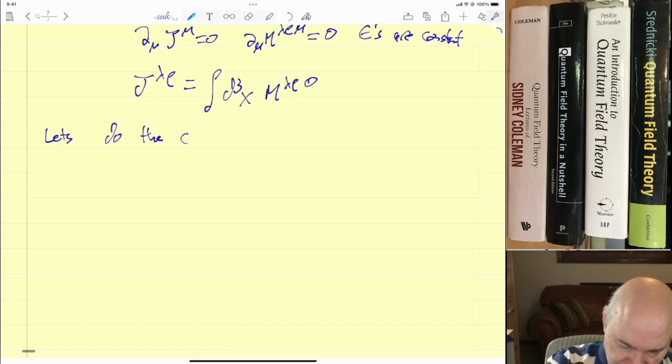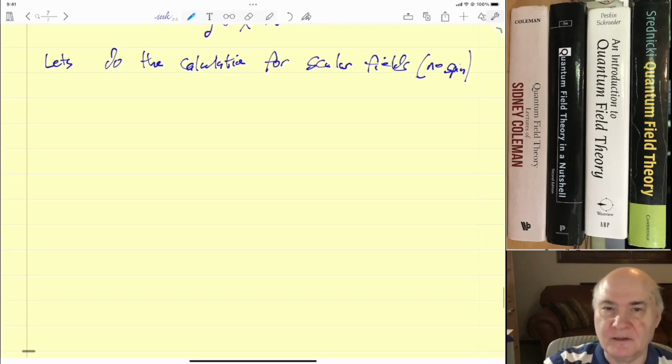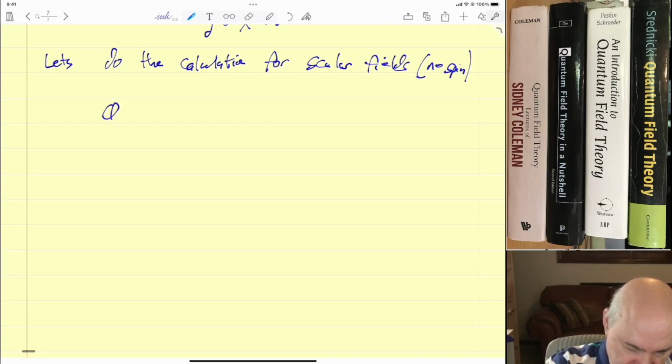So let's do the calculation for scalar fields. So we have no spin. So if we get an angular momentum, we expect it will only be orbital angular momentum because we're not doing spin. So now, if you recall from our lessons on Lorentz transformations, phi of x goes to phi of lambda inverse x.